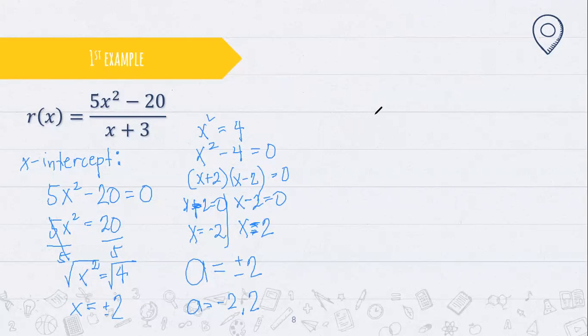Ginamit ko siya pang pa-recall. Parang i-represent ko lang yung letter ng variable na ang B is for y-intercept. So kung B ay y-intercept, therefore yung A is for x-intercept. Okay po. Okay, thank you.